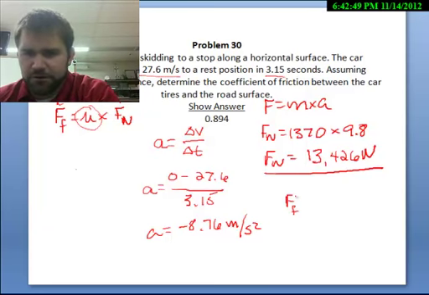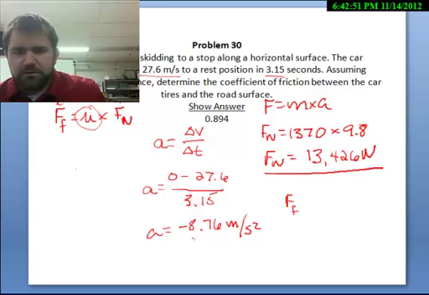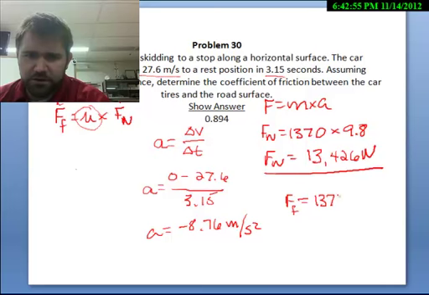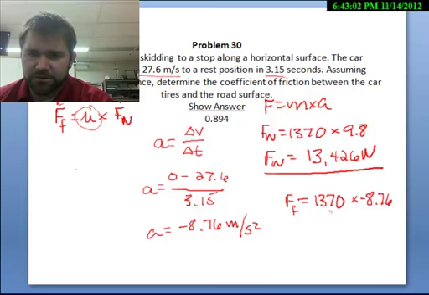Therefore, I know that the force of friction that would be required to slow this car down with this acceleration would have to equal its mass, 1,370 kilograms, times its acceleration, which is negative 8.76 meters per second squared.